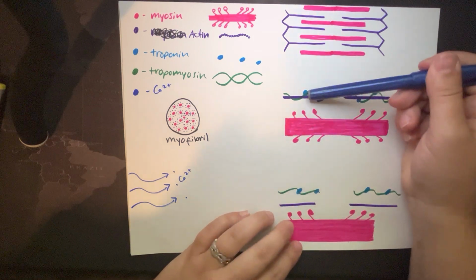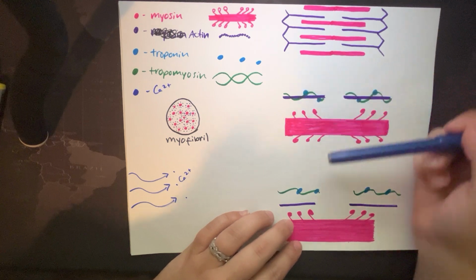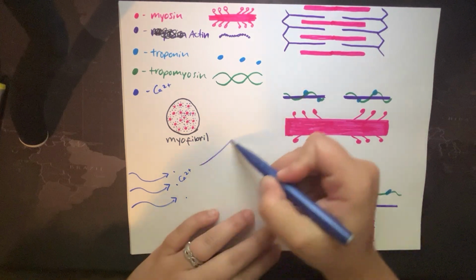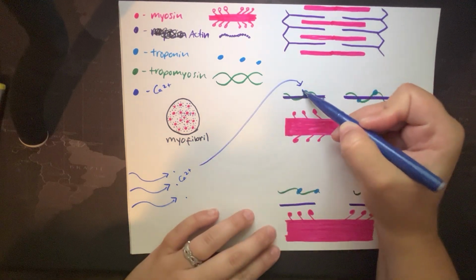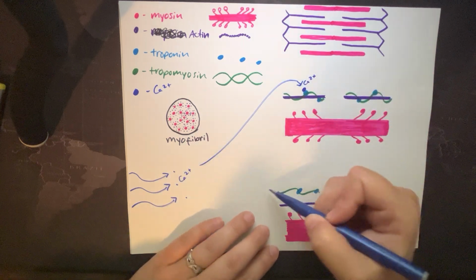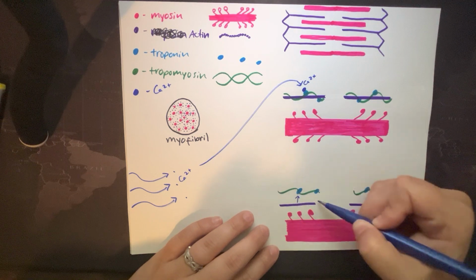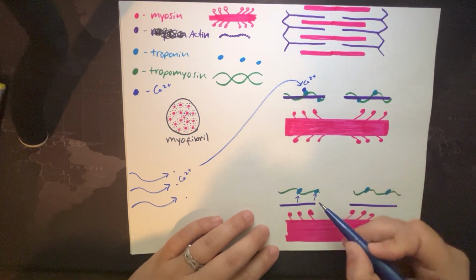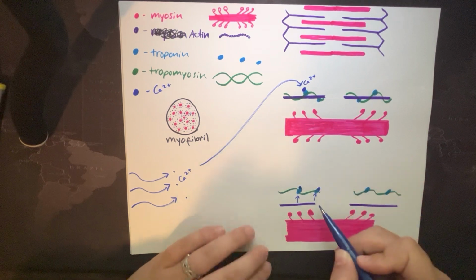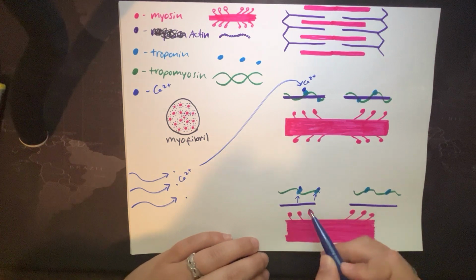So instead of being the gatekeeper of actin's active sites, now troponin has calcium bound to it. So calcium is going to come bind to troponin. And once it does, troponin is going to change its shape and then pull tropomyosin off of actin, off of the active sites.